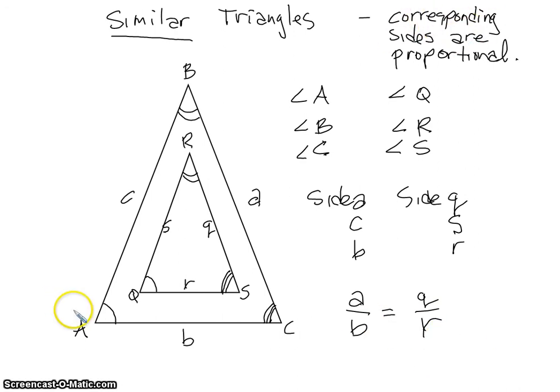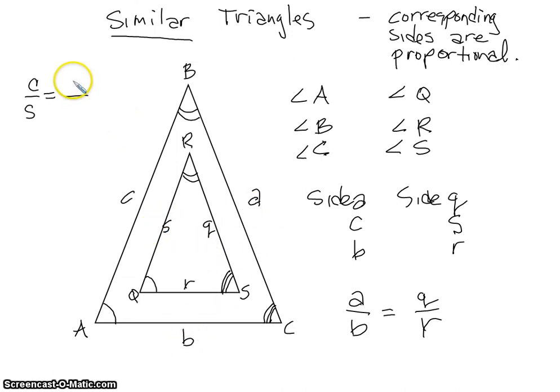So let's see if we can write another one. I'm going to come over here where I have a little room. What if I said C is to S as, so here's C, here's S. C came from the big triangle. It corresponds to S on the little triangle, so what could you write?